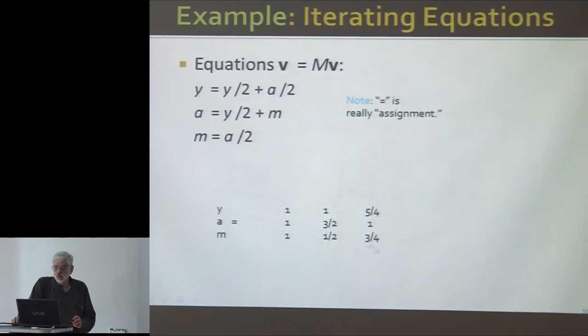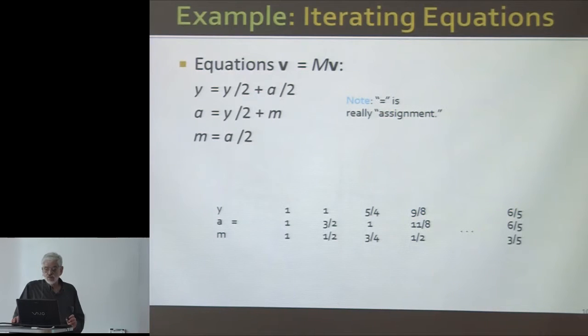And then when I apply the equations to these, I get these, and so on. Where is it headed? It turns out that in the limit, y and a are both 6/5 and m is 3/5. And if you check, you can see that these values do satisfy these equations.